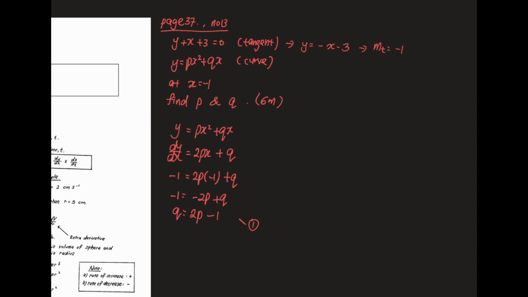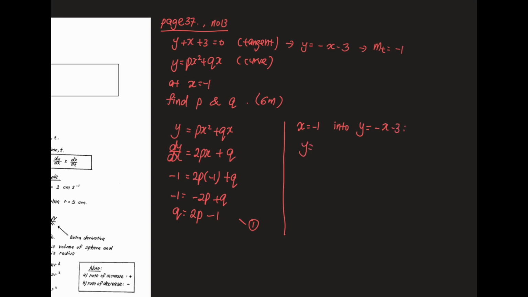Okay, so what we can do now is let's find out the touching point of the tangent with the curve. So we have x equal to -1 as the information. So we substitute x equal to -1 into the equation of tangent.